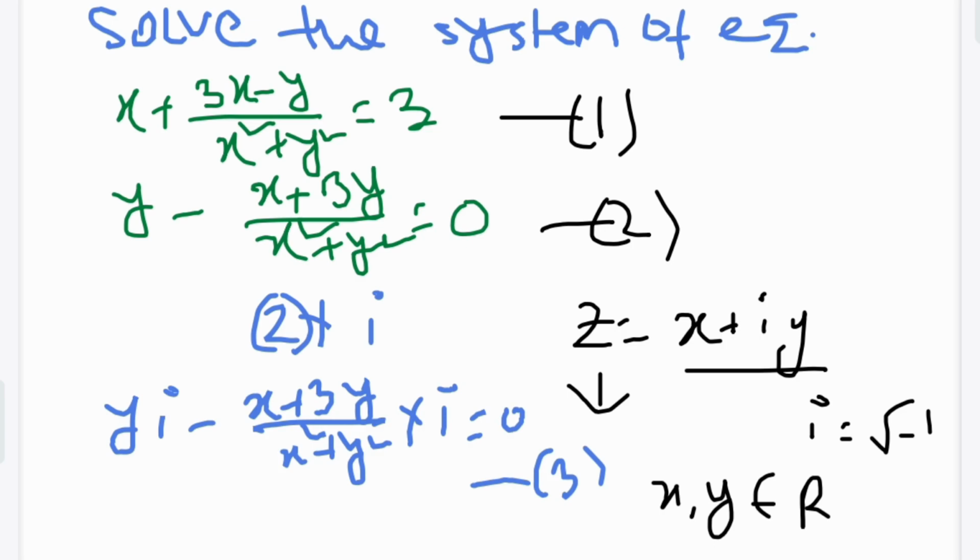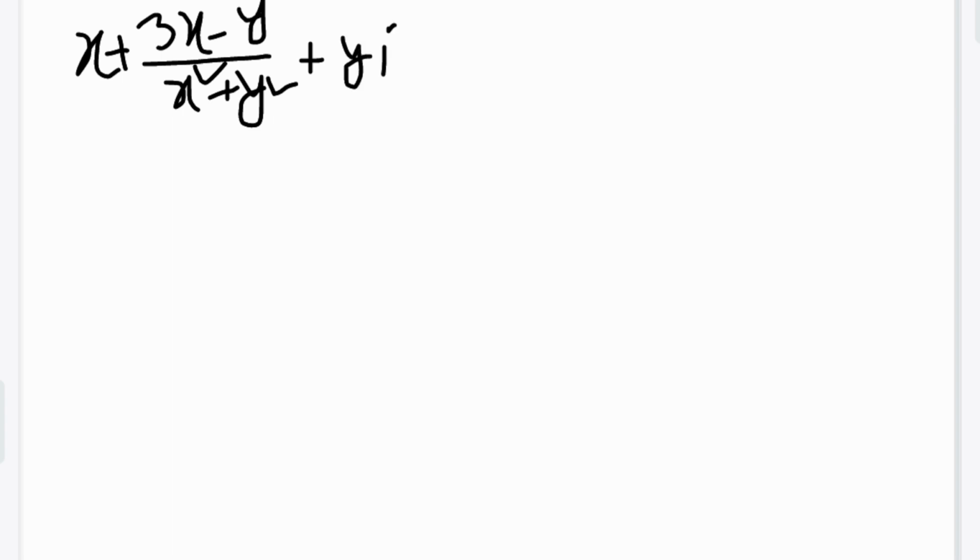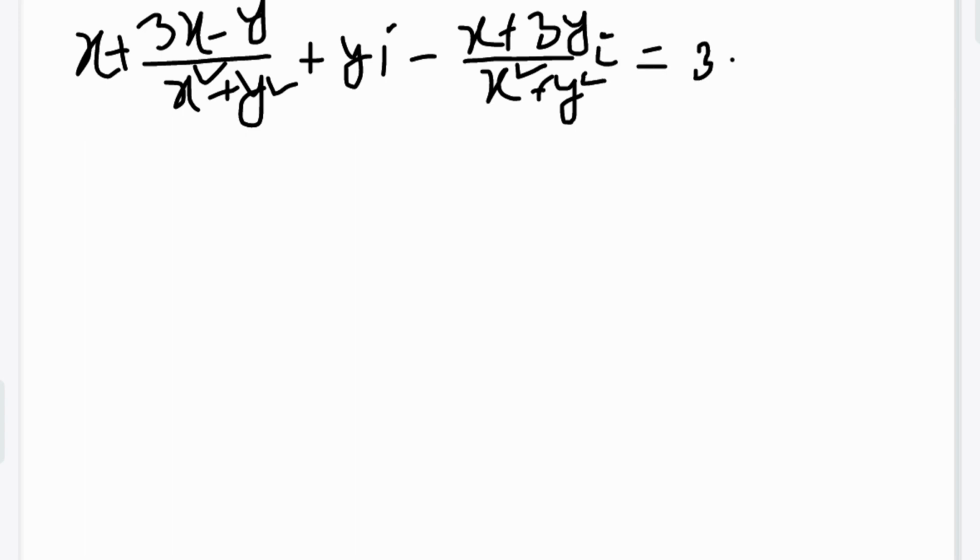Now guys, we are going to add equation 1 and 3. So we'll get x plus (3x minus y) over (x square plus y square), plus yi minus (x plus 3y) over (x square plus y square) into i, equal to 3 plus 0.